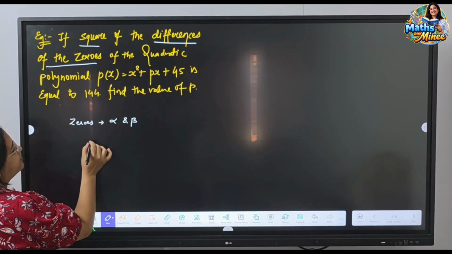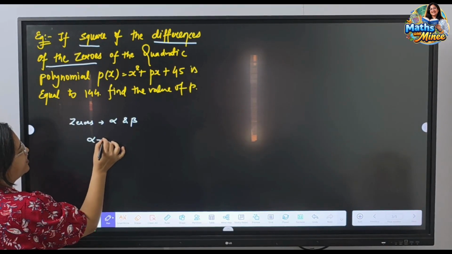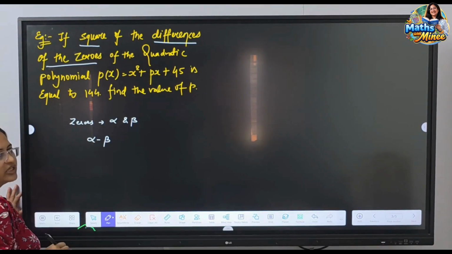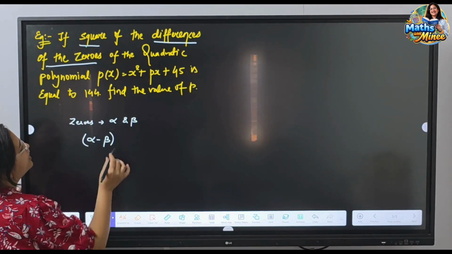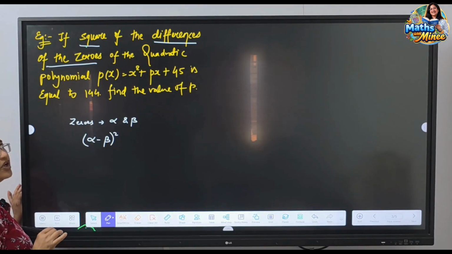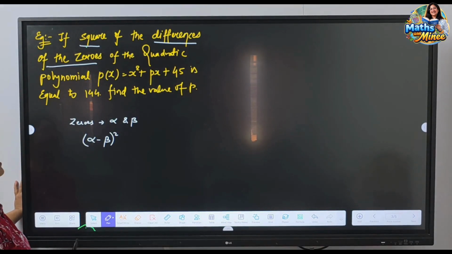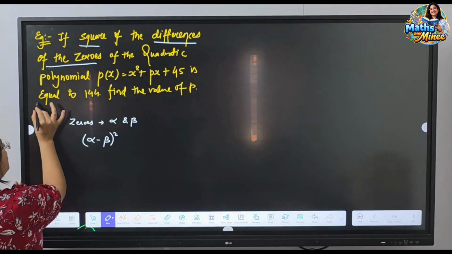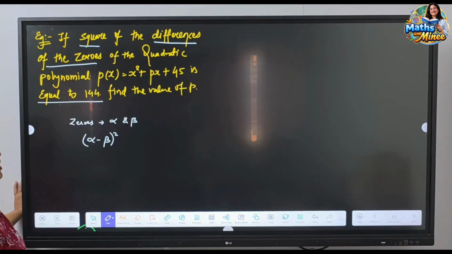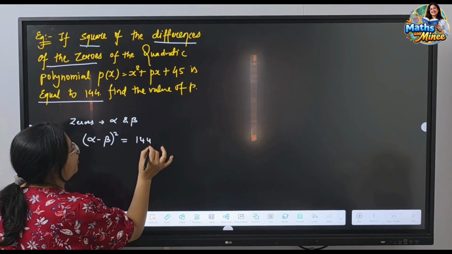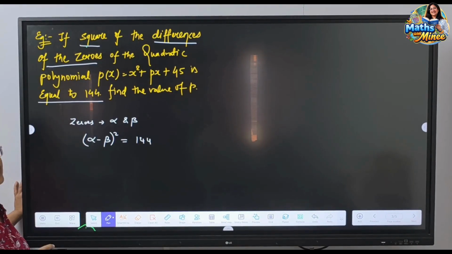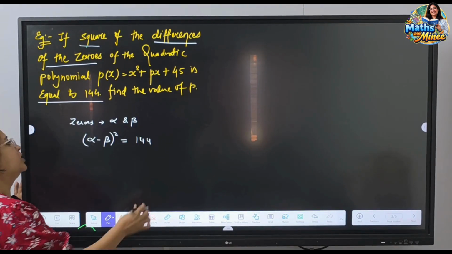So the difference of the zeros we can write as alpha minus beta. Now the square of the differences is equal to 144. Now find the value of p.